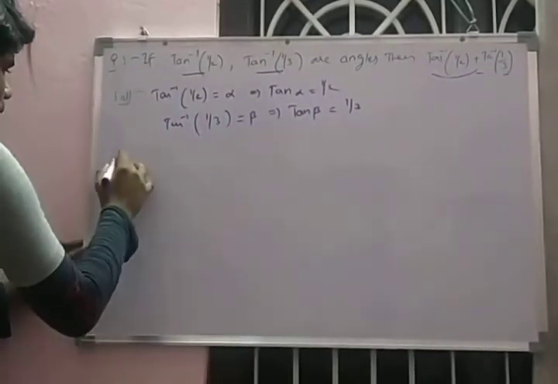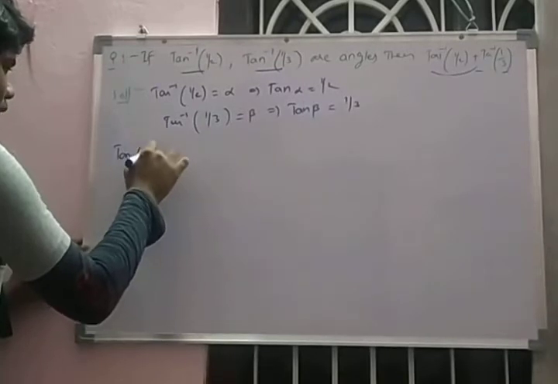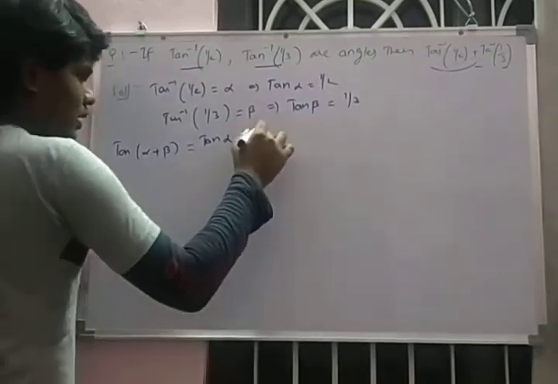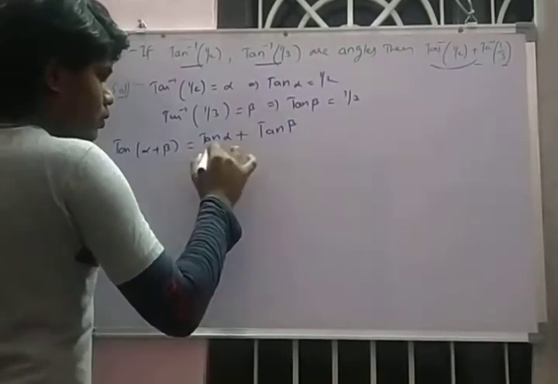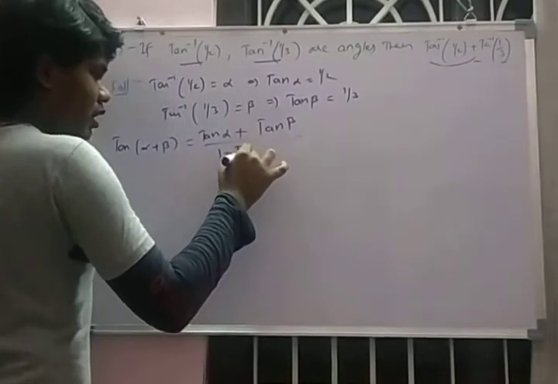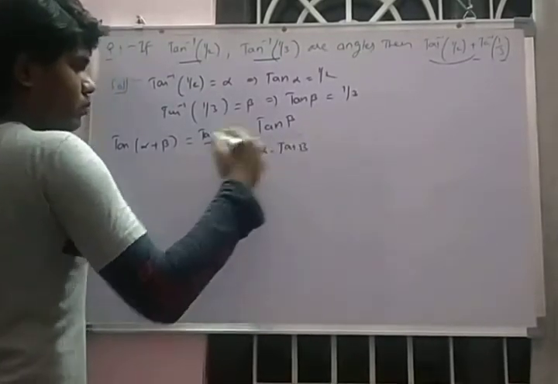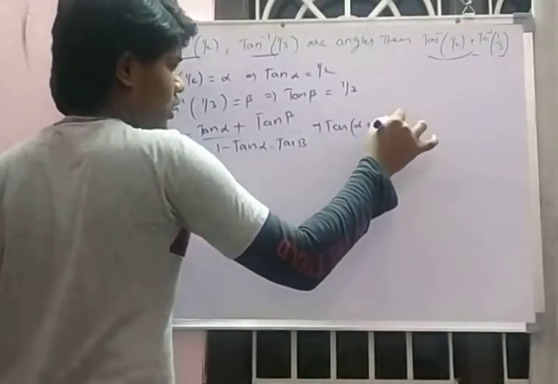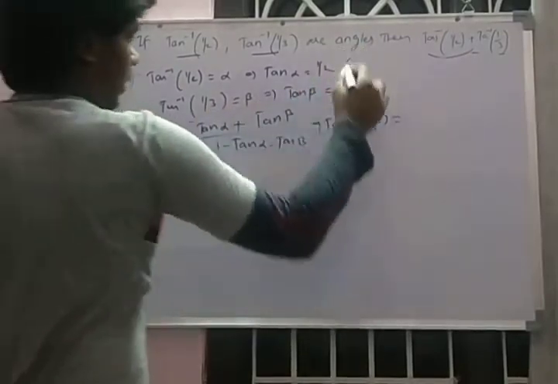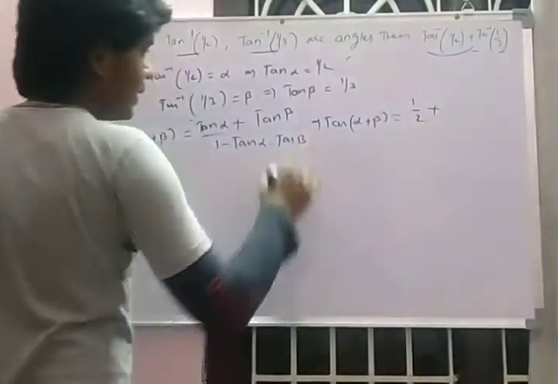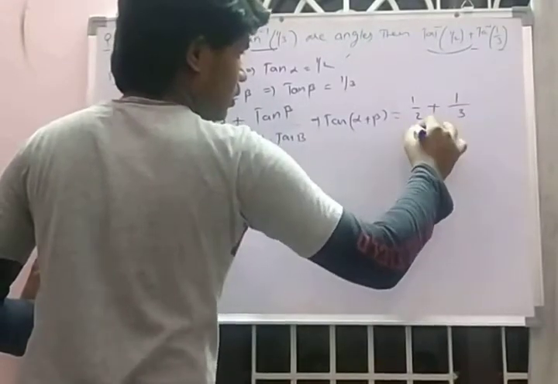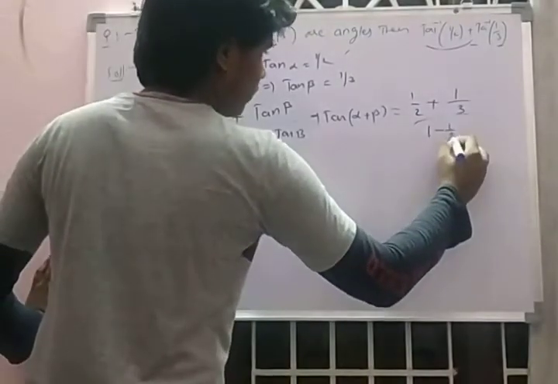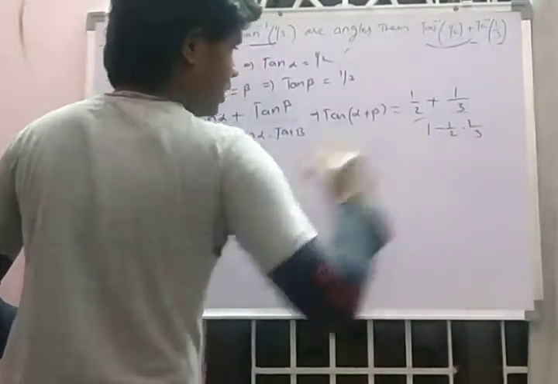Now we know that tan of alpha plus beta is equal to tan alpha plus tan beta by 1 minus tan alpha into tan beta. Now tan of alpha plus beta is equal to, here tan alpha is 1 by 2 plus tan beta is 1 by 3 divided by 1 minus tan alpha, 1 by 2, into tan beta, 1 by 3.